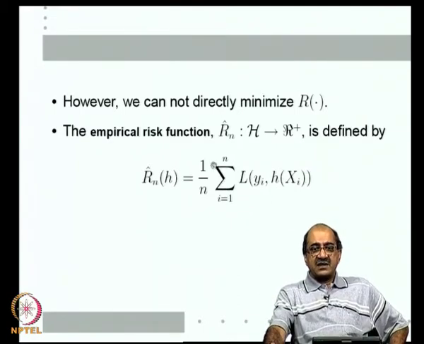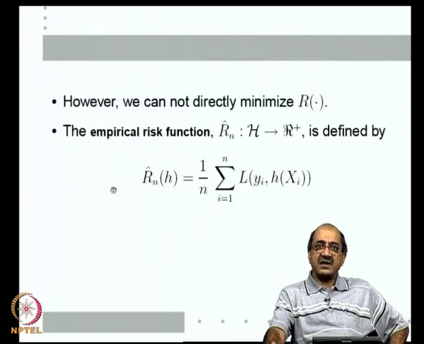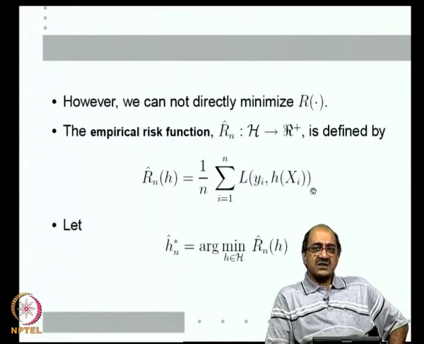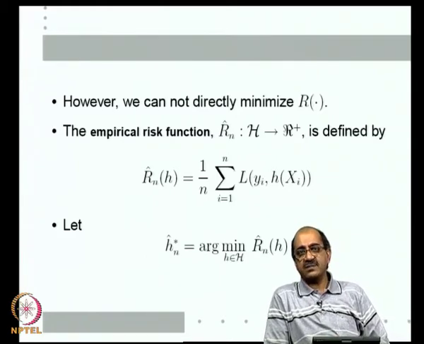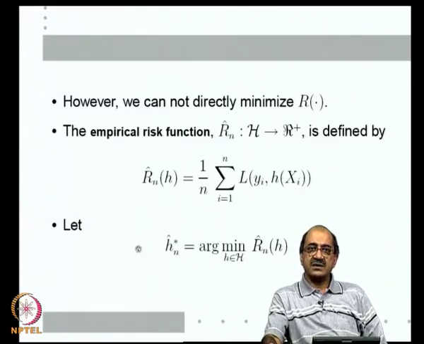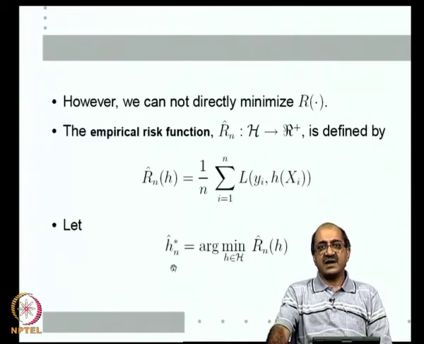Since x i, y i are the given samples and we know L, given any h, I can calculate R hat n, and hence in principle I can find an h where this is minimized. So, let us call that h hat star n. As I already explained to you, while the notation may look cumbersome, basically the hat denotes that it is an estimate of h star, the actual global minimizer, and n denotes that the estimate is obtained through a sample of n IID examples.